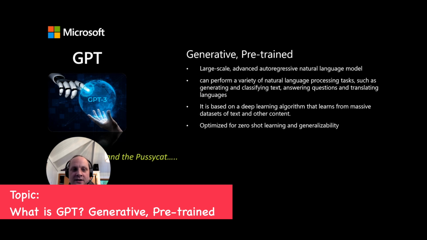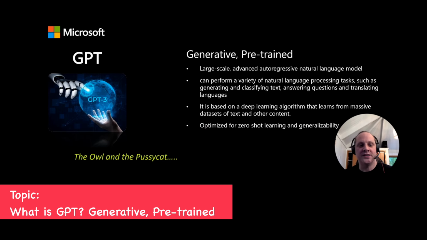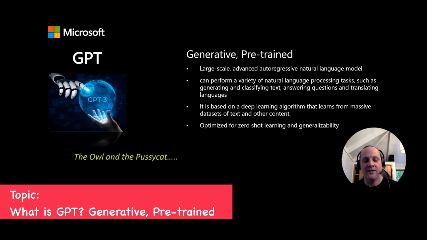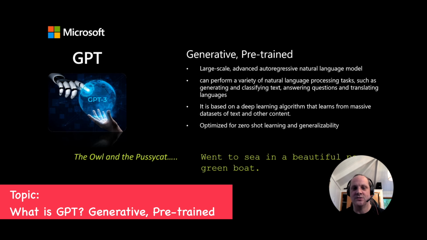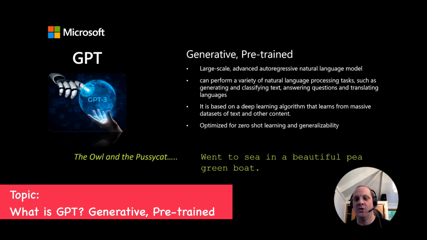It's the GPT. An example of that is, I mentioned before, the owl and the pussycat. What's the most likely next word in this series of words? Went to sea in a beautiful pea green boat. That is a poem, I can't remember from where, but that statement is likely to have been seen many times in the training data, and so the neural weight of this relationship is quite high.